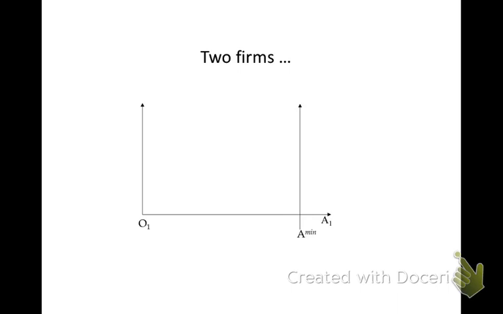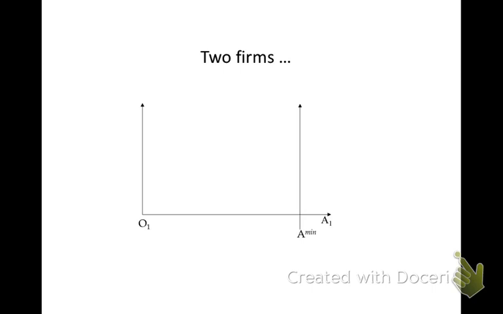And suppose that the first firm alone is the only one that abates. Okay? So this is the maximum level of abatement which is asked to firm 1.